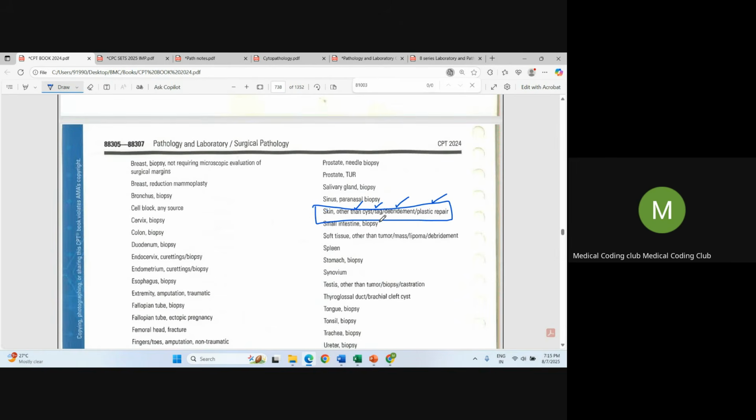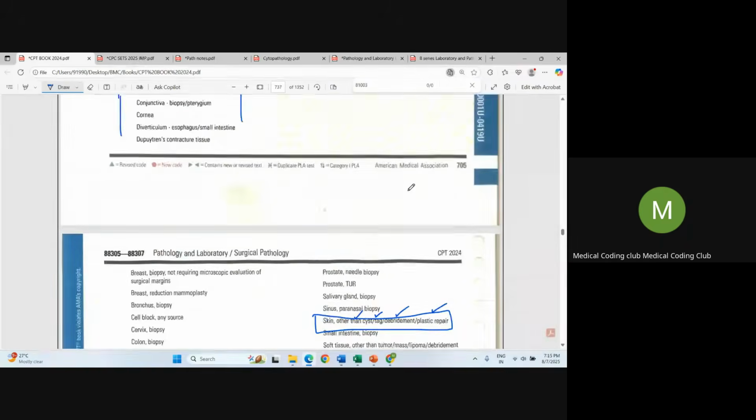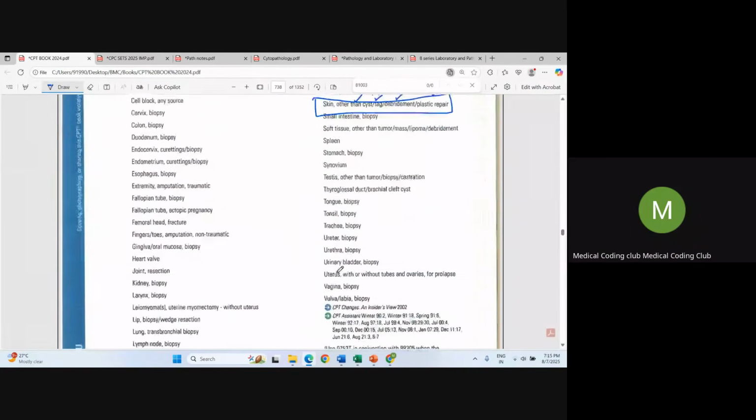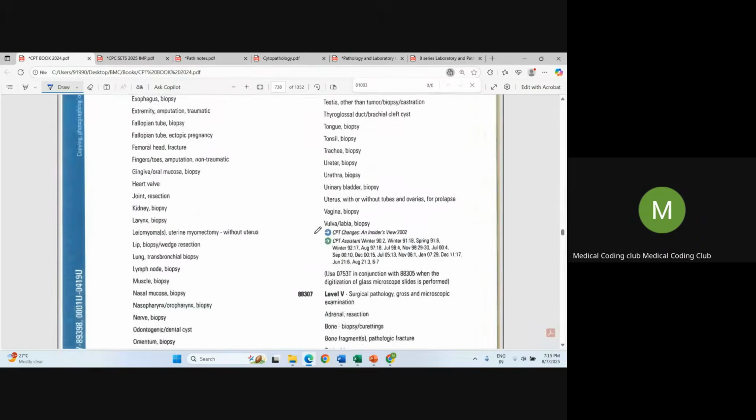So if you get skin something other than all of this, then you should give 88305 as your level. For example, skin ulcer. Is skin ulcer present in any of the levels? No, it is not there. So if you get skin ulcer, which level do you have to give? 88305.